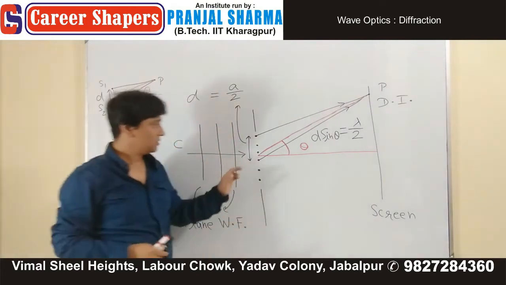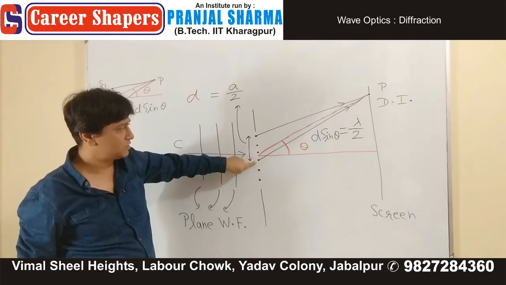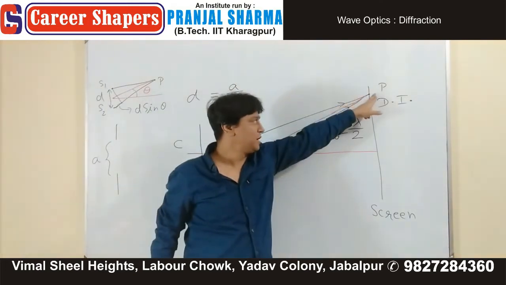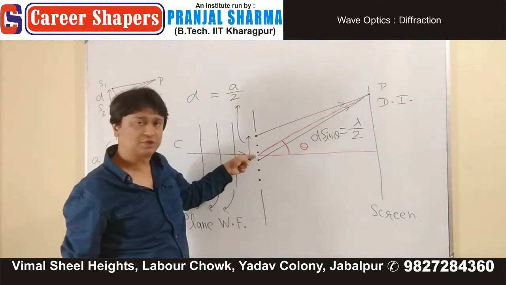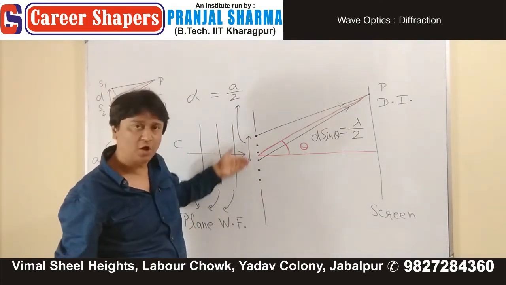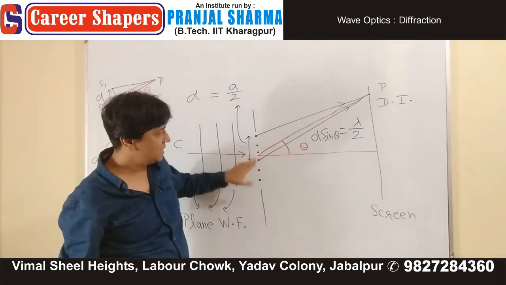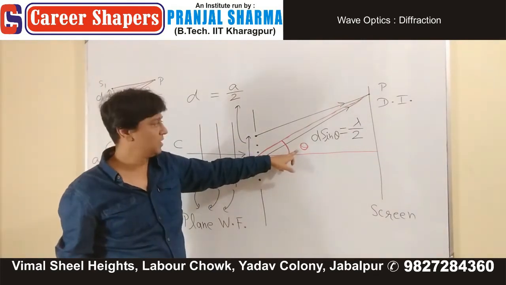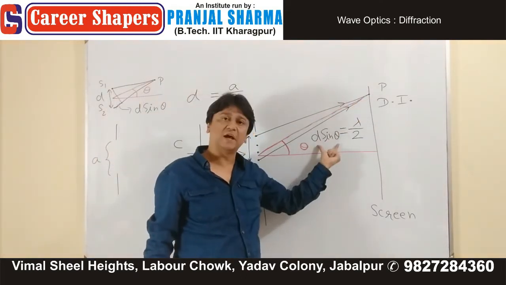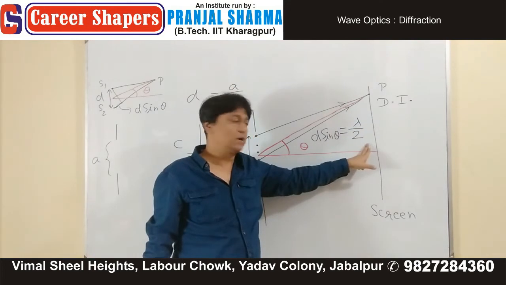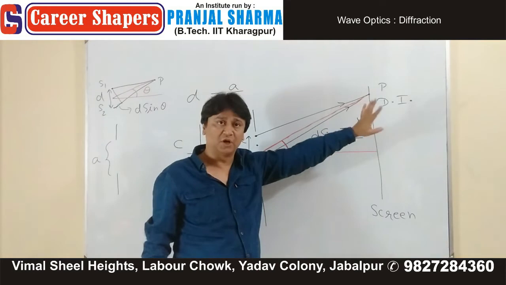Same thing over here. For this secondary source and for this secondary source, when they interfere at point P, whose angular position with respect to the slit, remember it's a very small slit, is theta, the path difference at this point will be d sine theta, which is equal to lambda by 2, and therefore both waves are going to cancel each other.